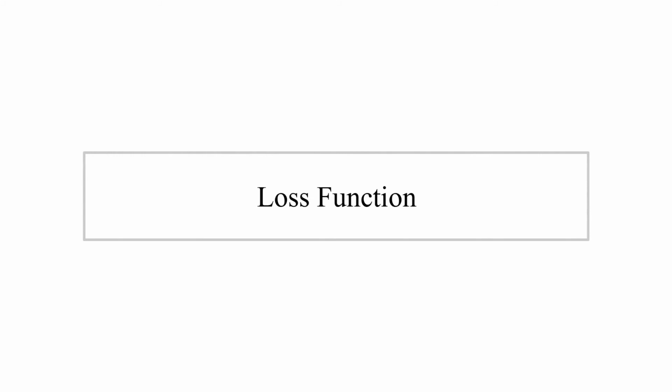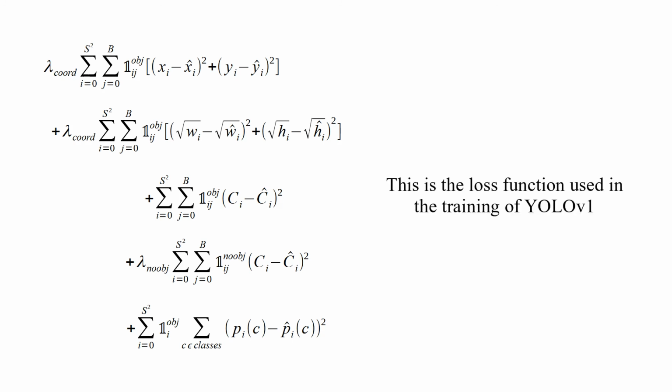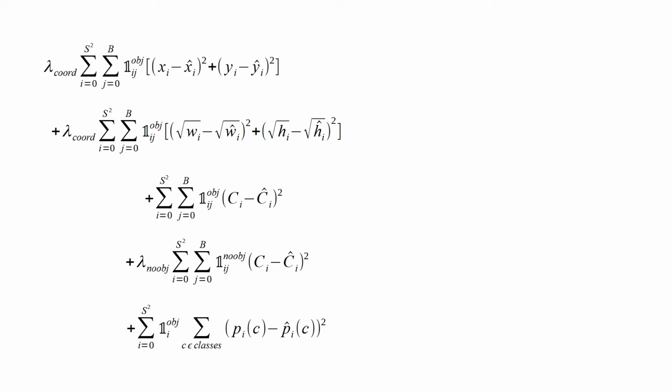Loss function. This is the loss function used in the training of YOLO version 1. The sum of the first and second terms is localization error.